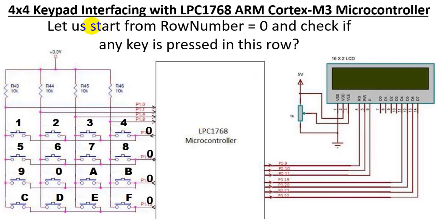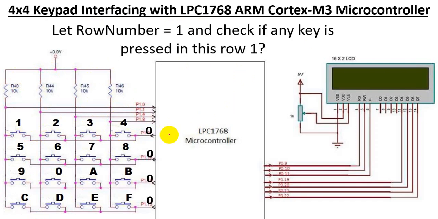Now, so I started with row number 0 and I am checking whether any key has been pressed. I have not pressed any key. So what I will do now? I will go to the next row now. So I made row number equal to 1. And again I will check whether I have pressed any key or not. In this case also I have not pressed any of these keys.